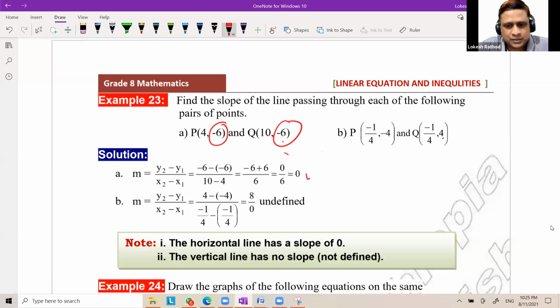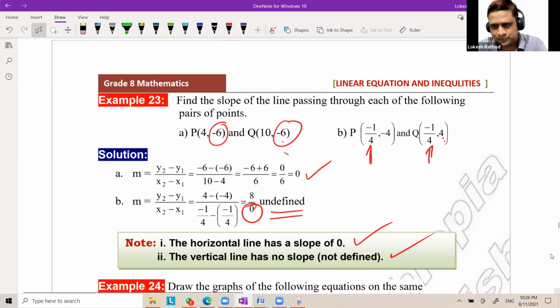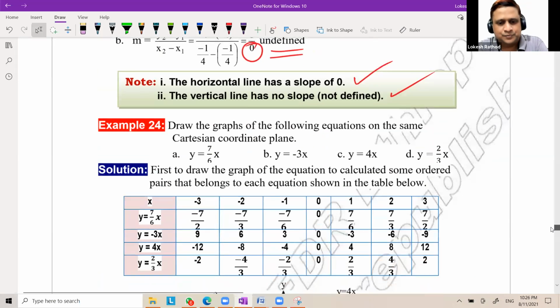So slope is 0. And here, if we do it, the x coordinate is the same, so the denominator is coming 0. So we can say that slope is not defined, undefined. So a horizontal line has slope 0, a vertical line has no slope, or we can say not defined. Fine.